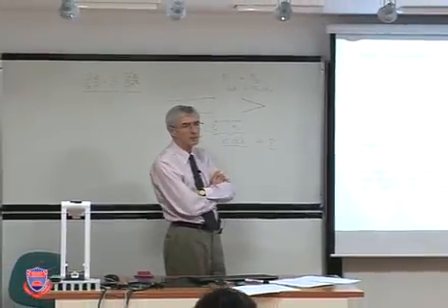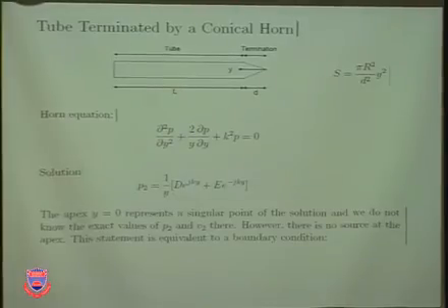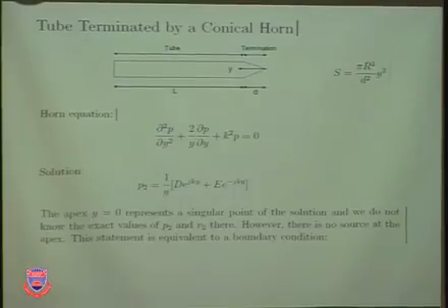The apex, the point at the tip of it, is a singularity. Okay, we don't know the exact values of sound pressure and particle velocity at the very tip of this cone. But we also know that there's no source there.